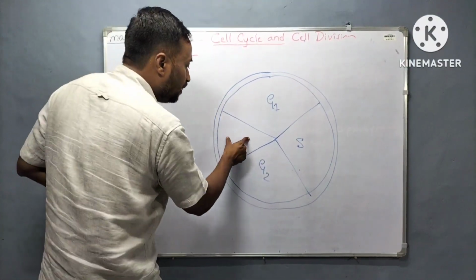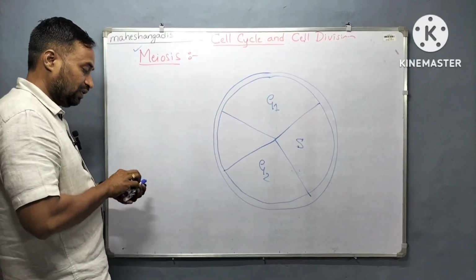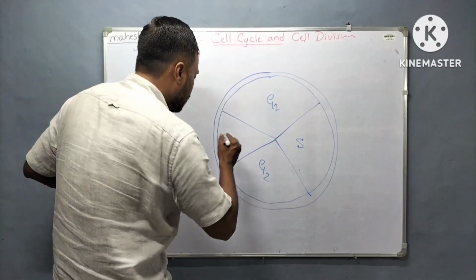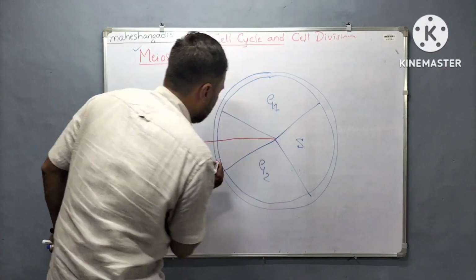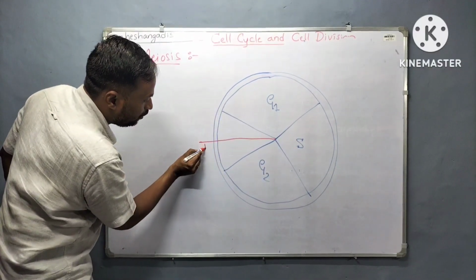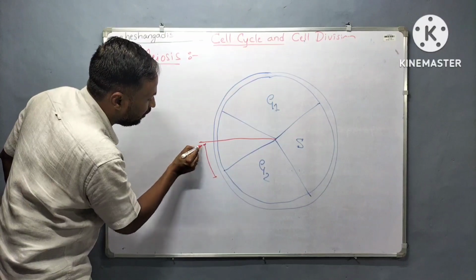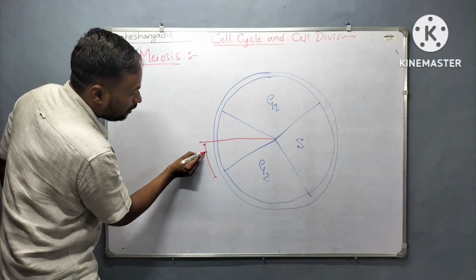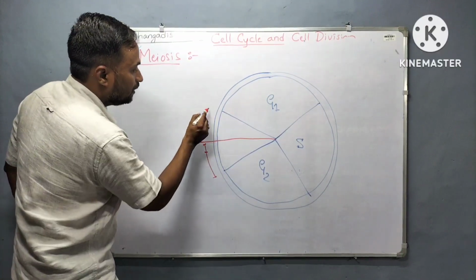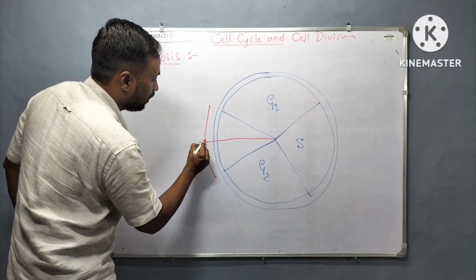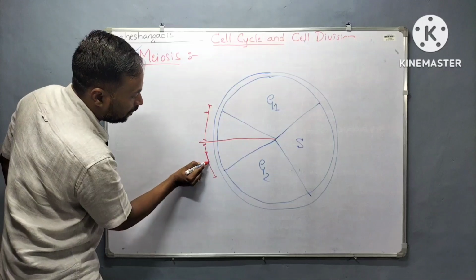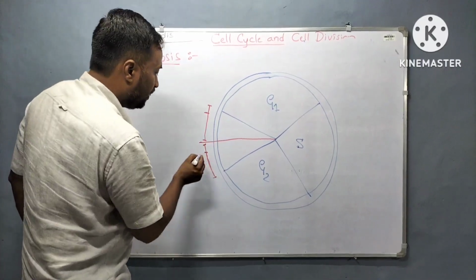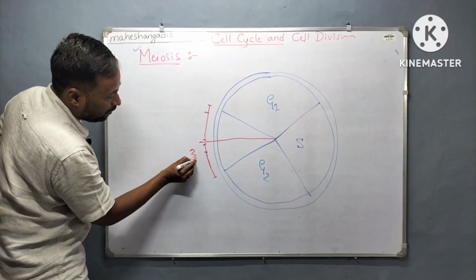But here in M phase there is a slight difference. What was that difference? In the M phase there are two cycles of nuclear division and cell division. See here how they are; I am representing them graphically. This is karyokinesis of meiosis 1.